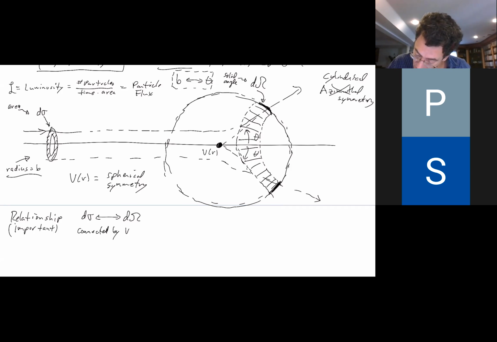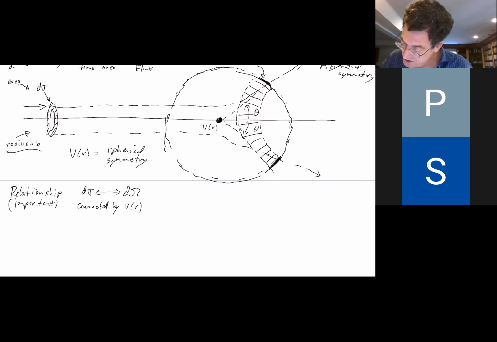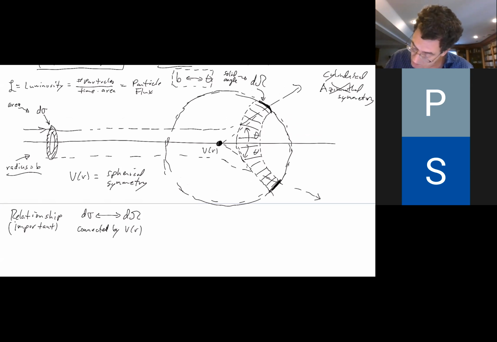by the potential. And it is that connection between d sigma and d omega that is the whole point of everything. That is the whole point of scattering, is how are the d sigma and the d omega connected? And that's it. Because in the end, there's going to be this weird quantity, which is the ratio d sigma d omega.